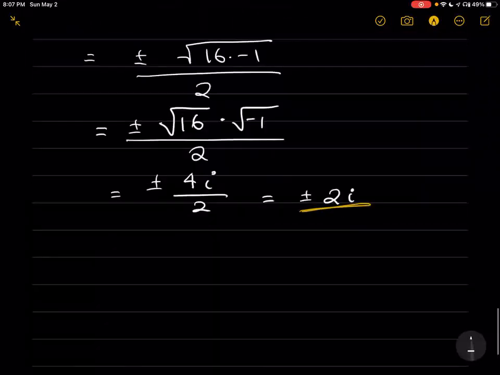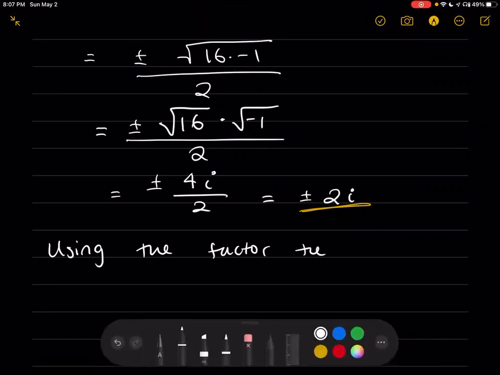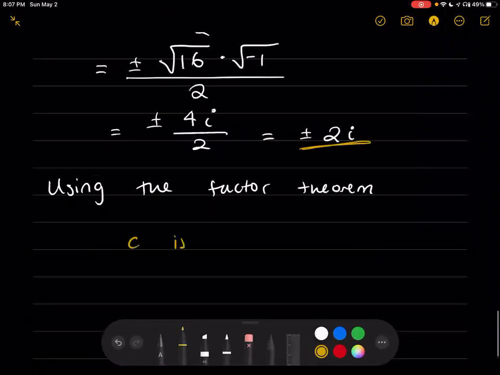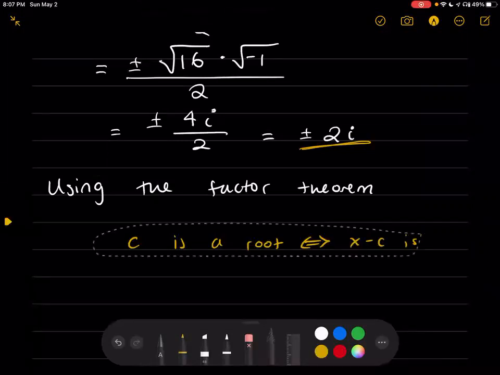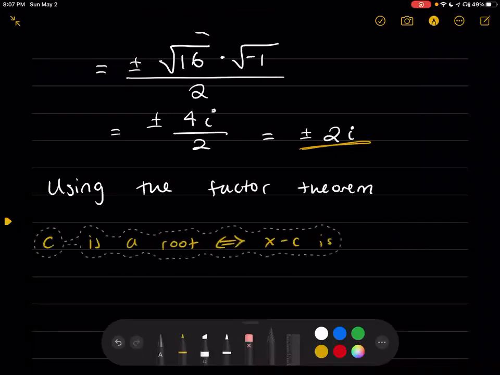So we can use the factor theorem, which, if you remember, said c is a root only if x minus c is a factor.